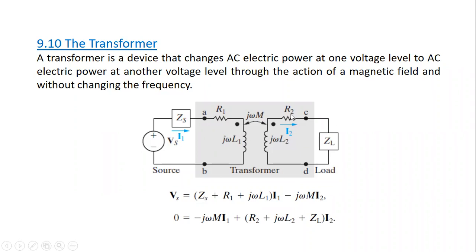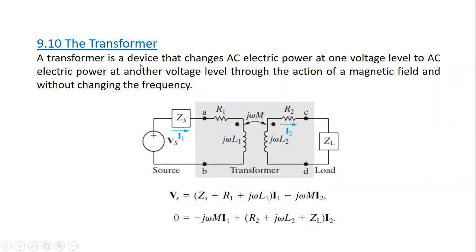The resistances of the wires of which these coils are made are R1 and R2. At one side, we have the source connected with the system impedance, and on the other side, we have the load connected. And this transformer is actually the last step of transformation before our houses and different factories.